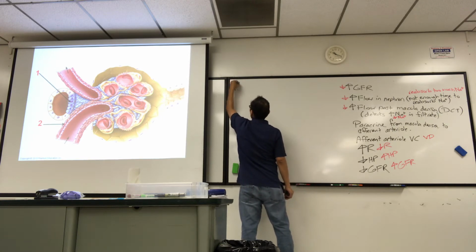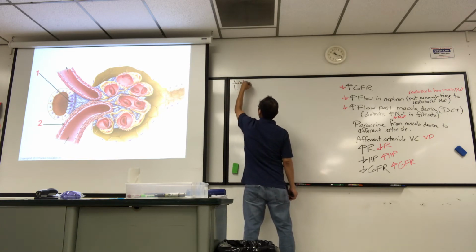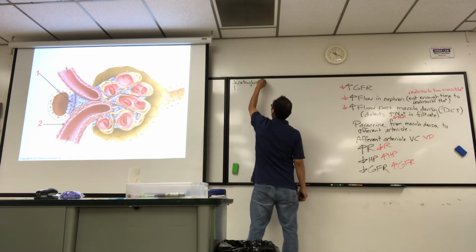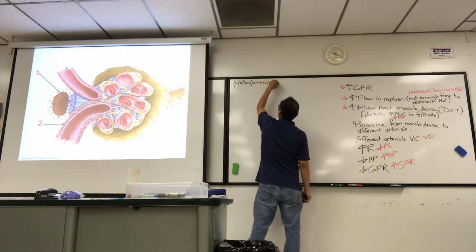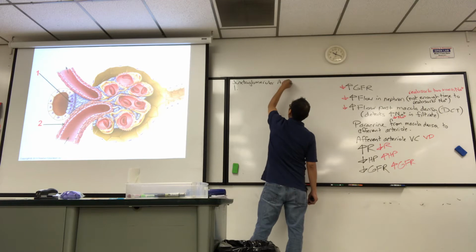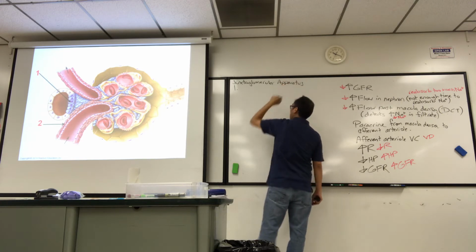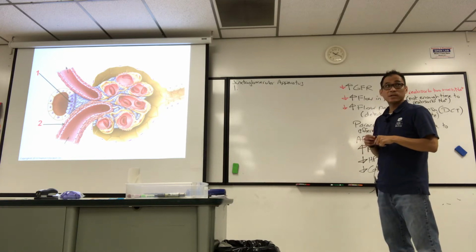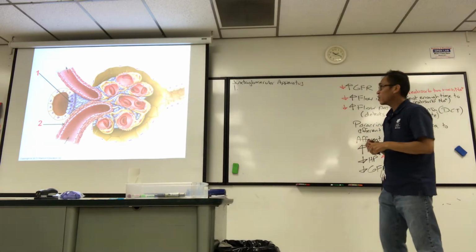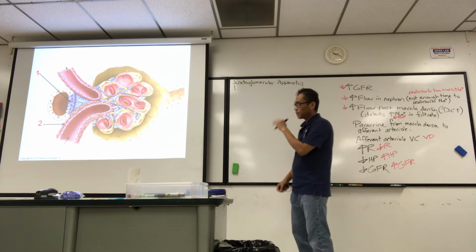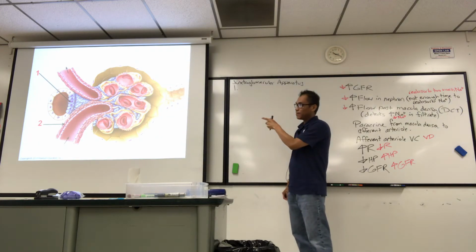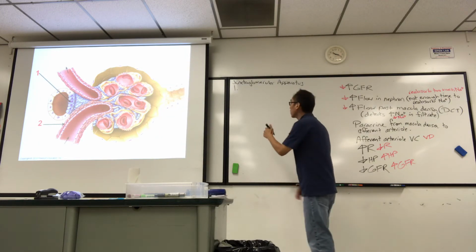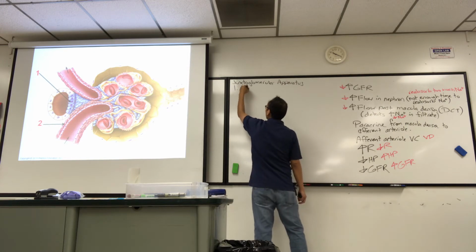Put this under juxtaglomerular apparatus. I'm going to teach two cell types. Books usually might mention three or maybe four cell types, but these two I want you to know. Number one, macula densa. It's the part of the DCT that's right by the vascular pole.